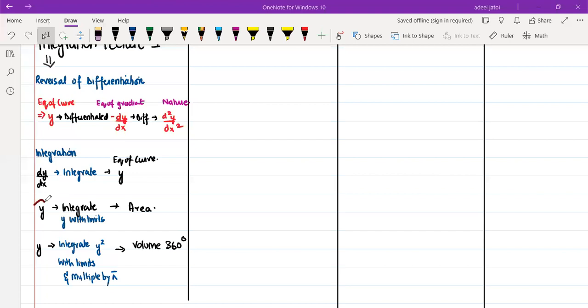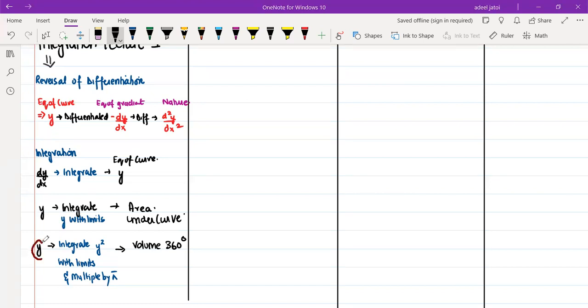If we have been given y and we integrate y with limits, that means there would be upper limit and there would be lower limit. When we integrate y with limits, we get area. Now, what is this area? This area is basically under curve with upper limit and lower limit. Then what do we have?